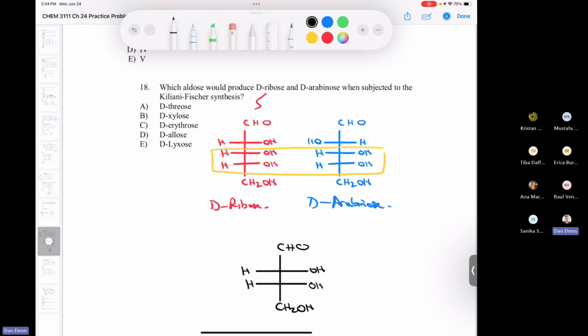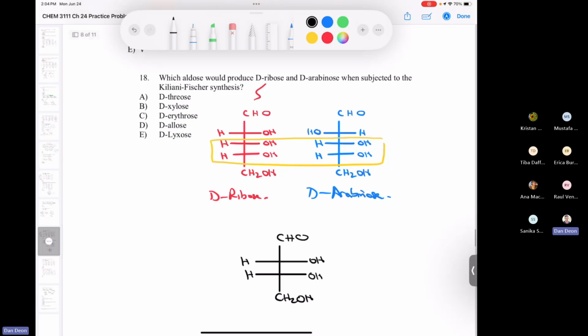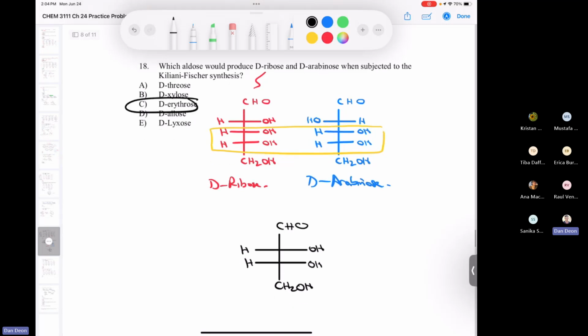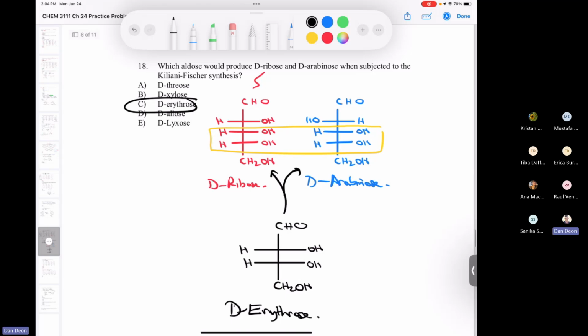And so if I look at the aldotetrose, I see it's D-erythrose. So D-erythrose, like that. And when I treat that with the Kiliani-Fischer conditions, step 1 is going to be HCN. Step 2 is going to be palladium, barium sulfate.